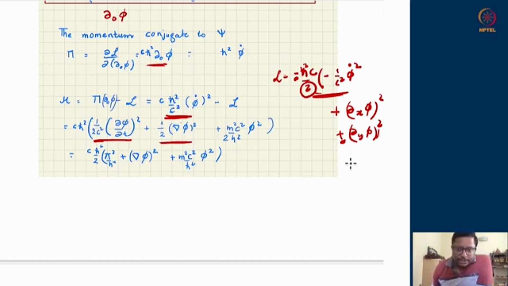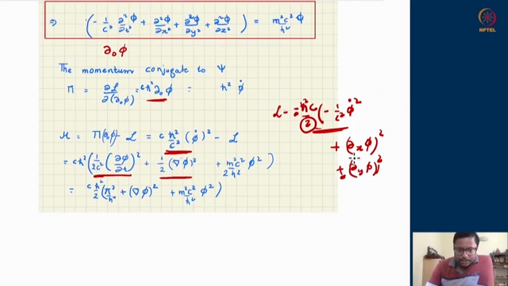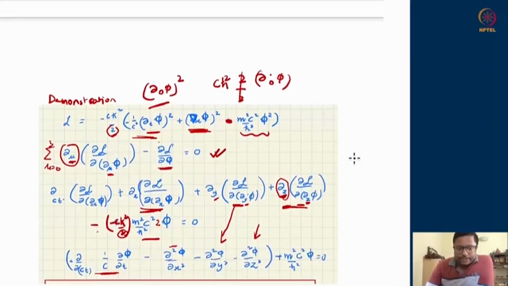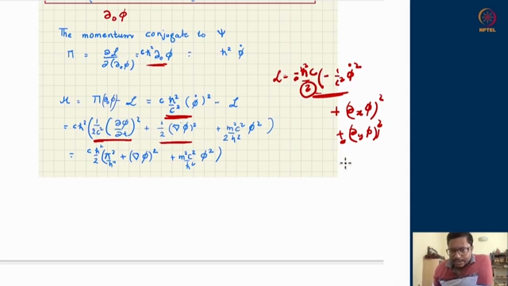Lastly, there was a minus. Overall in the Lagrangian, there was minus m square c square upon h square, phi square, and then effectively with the Lagrangian outside with a minus sign, minus L will convert into a plus.